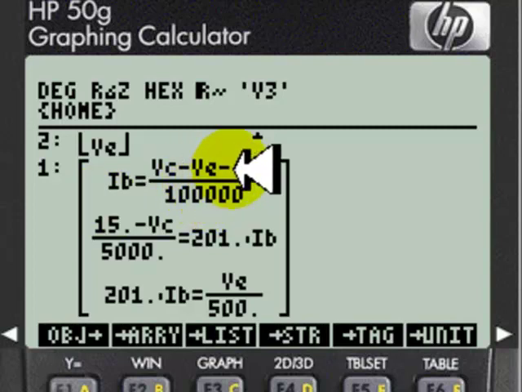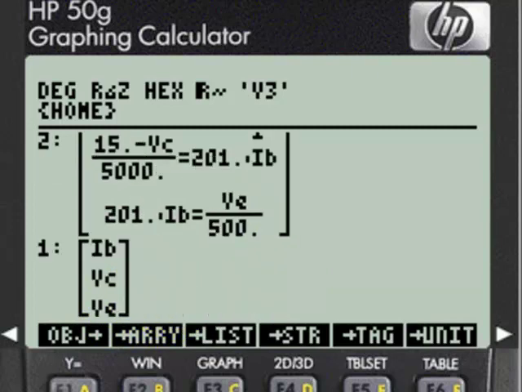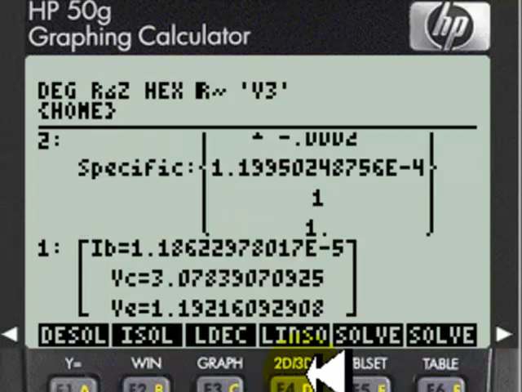There are the three modified equations, 201 IB here and 201 IB there, and we are ready to ask for the solution again. Solve me that system, and here is the new current. The base current is 11.86 microamps, VC is 3.08 volts, and VE is 1.19 volts.